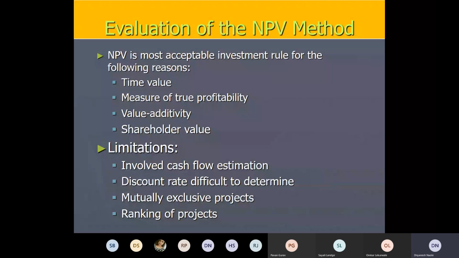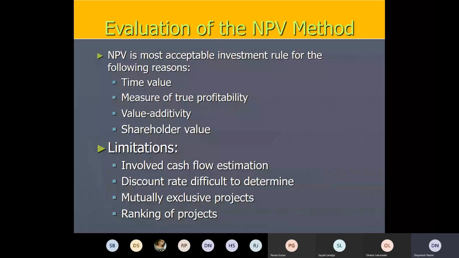Then it is a measure of true profitability. It is a measure of true profitability because it uses all cash flows occurring over the entire life of the project in calculating its worth, which was not seen in the previous two methods. Hence, it is a measure of the project's true profitability.